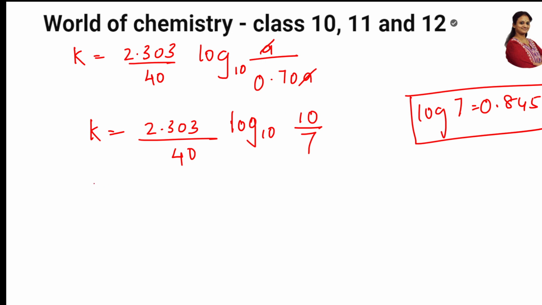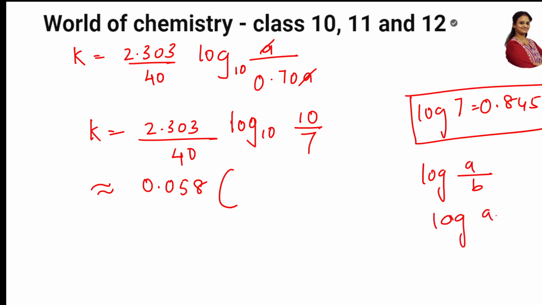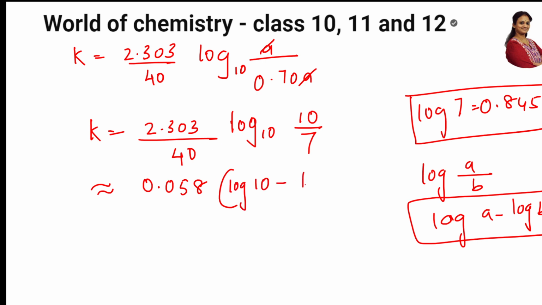Alright. Now approximately, when I divide, I got an answer of 0.058. Okay. Now log a by b. What is log a by b? Log a by b is equal to log a minus log b. Correct, students? Now what will you do? Log 10 minus log 7, because the log 7 value is here only. So write that.